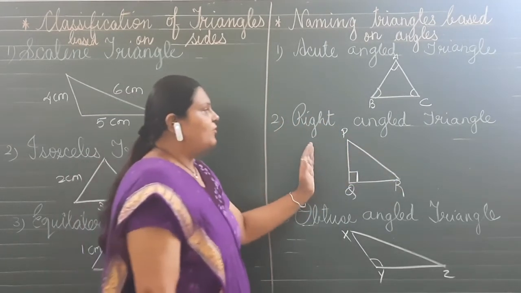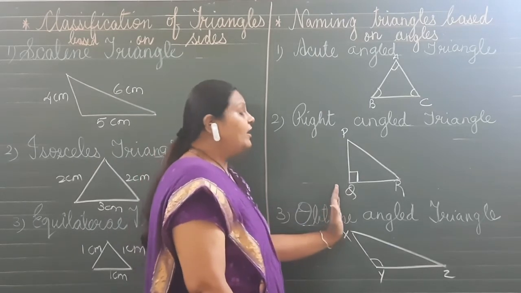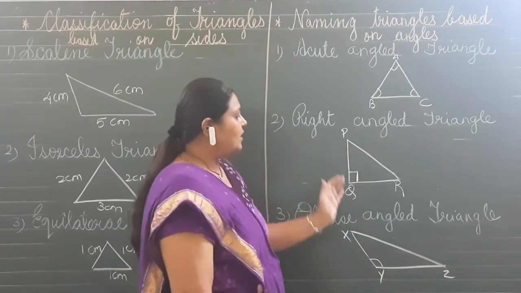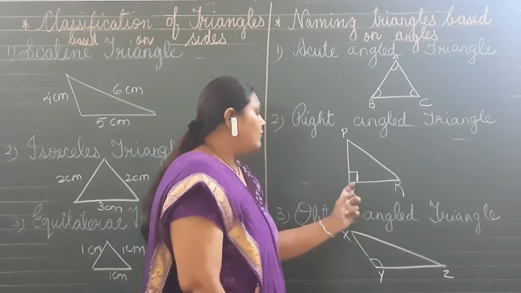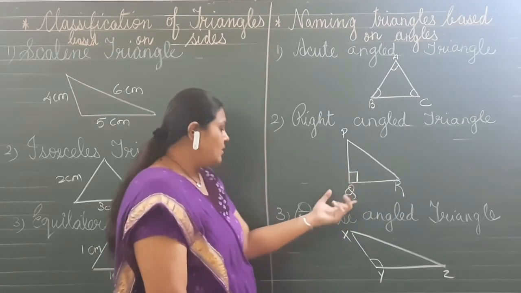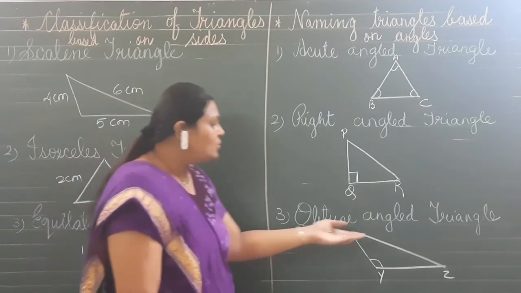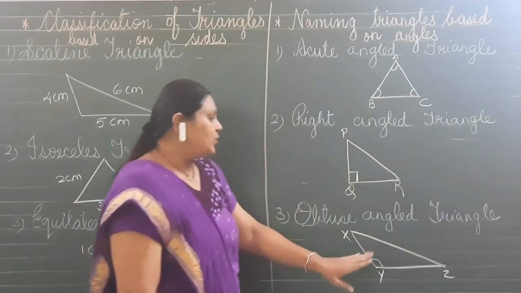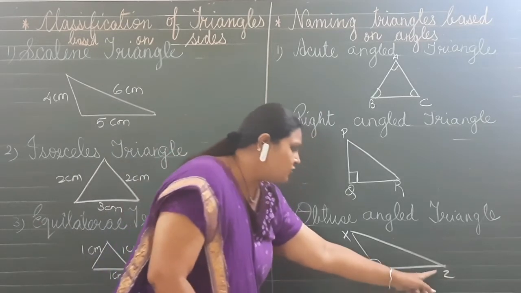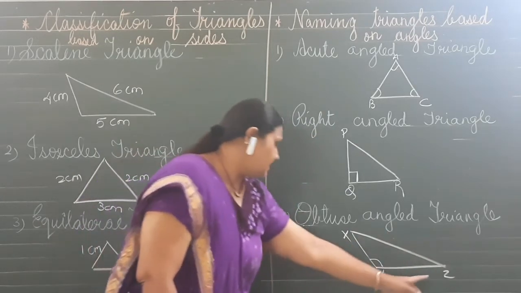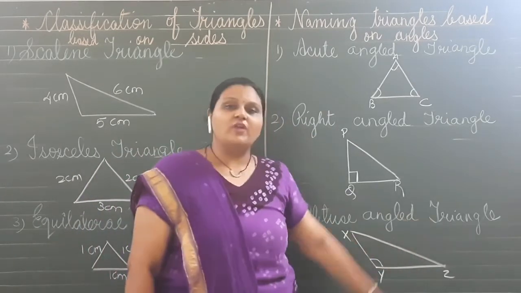In this type of triangle we are having one right angle. So here PQR has PQ and QR which form a right angle. Next is obtuse angled triangle, which has an angle greater than 90 degree. Here greater than 90 degree is formed. So XYZ is an obtuse angled triangle.